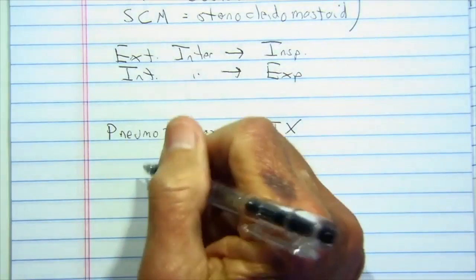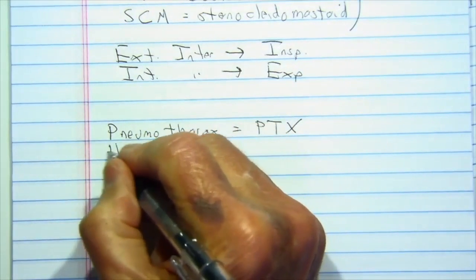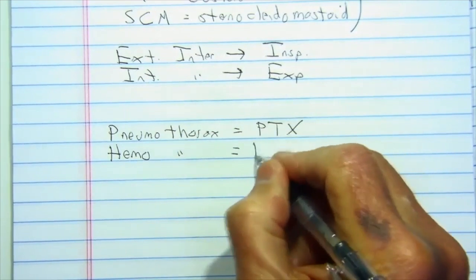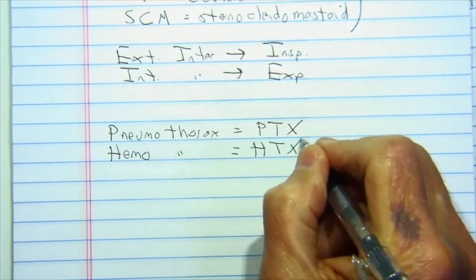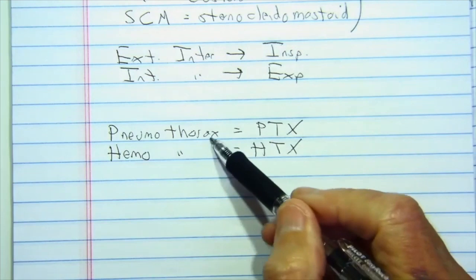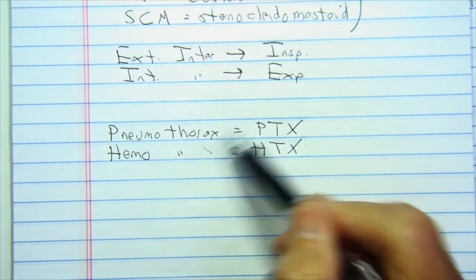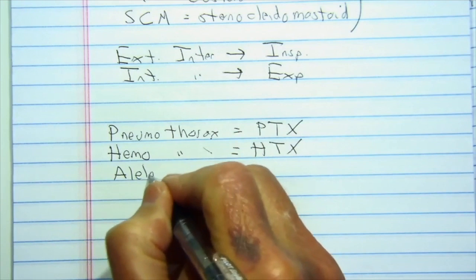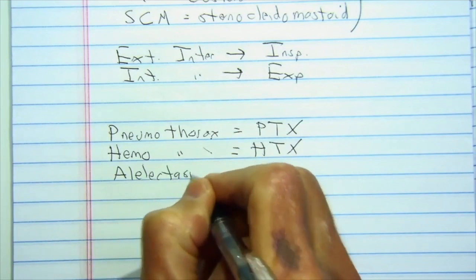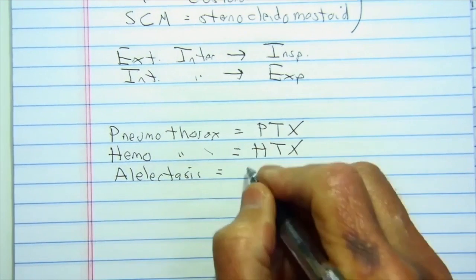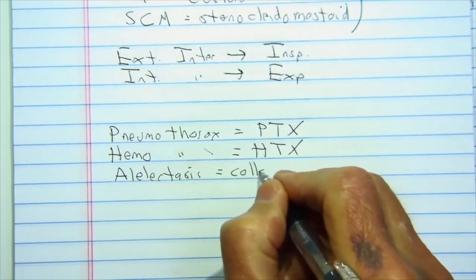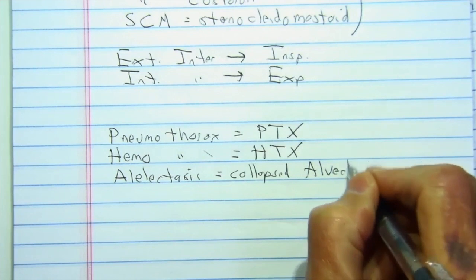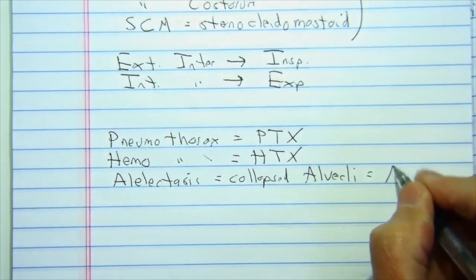There's also the word hemothorax, and that uses the acronym HTX. And when you get either a pneumothorax or a hemothorax, it leads to atelectasis, which is a term that just really means collapsed alveoli. And that's going to be an ATX.